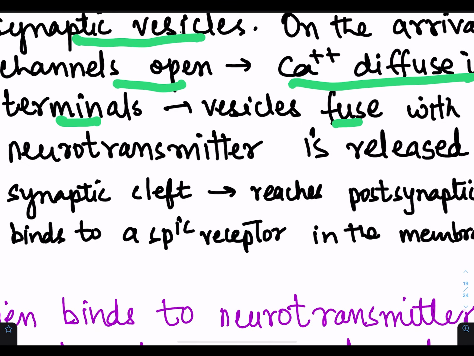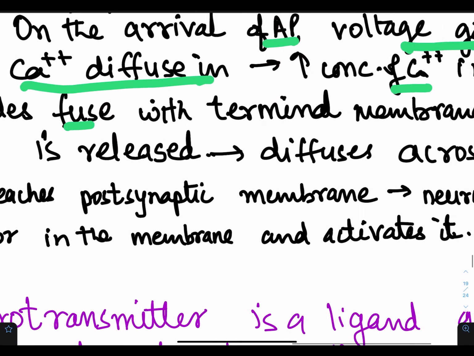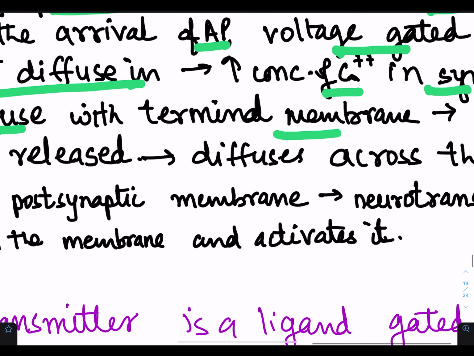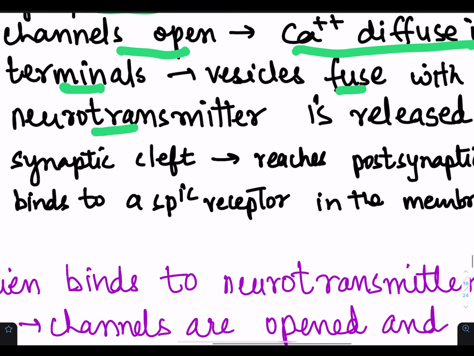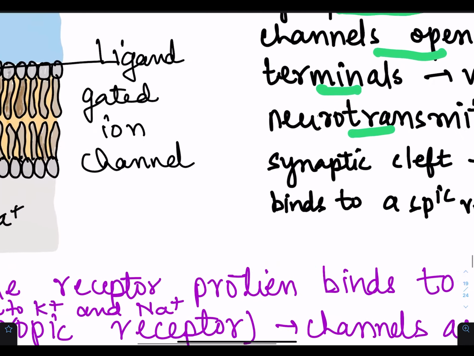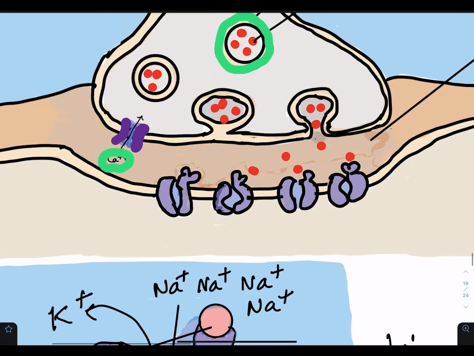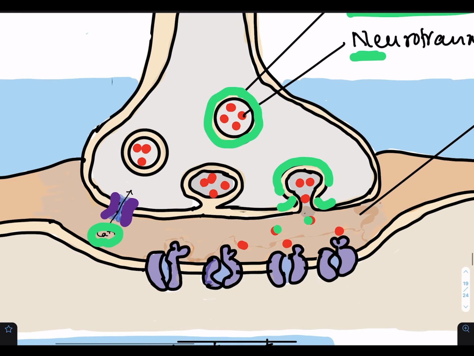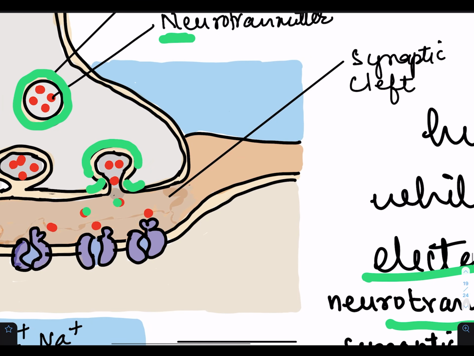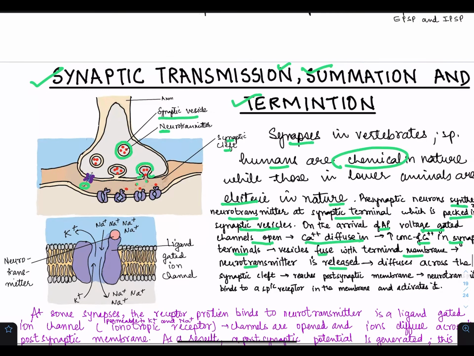Vesicles fuse with the terminal membrane, as a result of which neurotransmitter is released. Let us have a look at the diagram again. These vesicles are fusing with the membrane, and these neurotransmitters are released in the synaptic cleft.